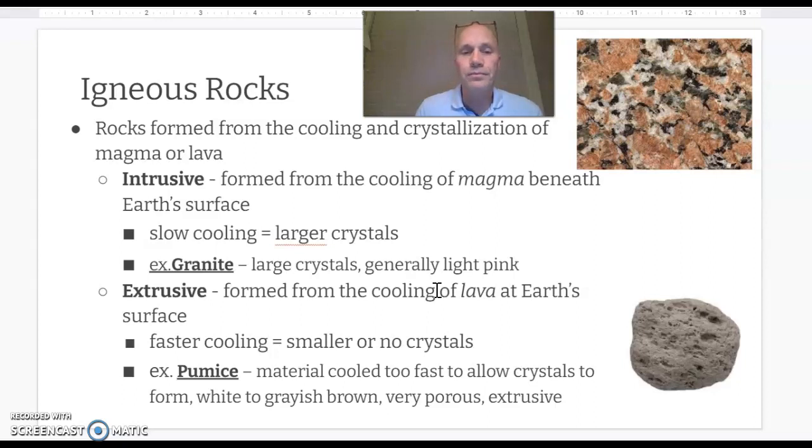The most common example of an intrusive igneous rock is granite. If this looks familiar, it's because you might have seen it in different locations. In fact, I'm going to show you a bit of it right now.